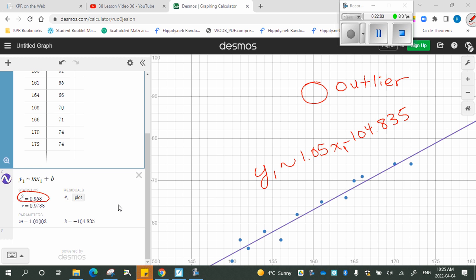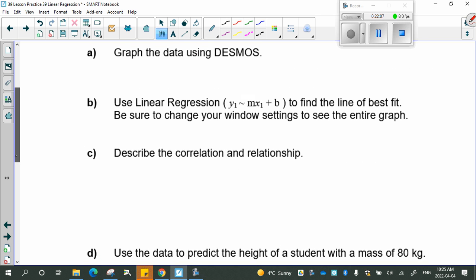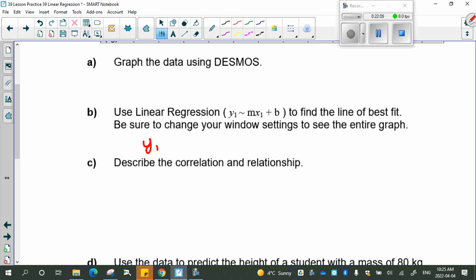Y1 is approximately, what was the number? 1.05 X1 minus 104.835. Okay, describe the correlation and the relationship.